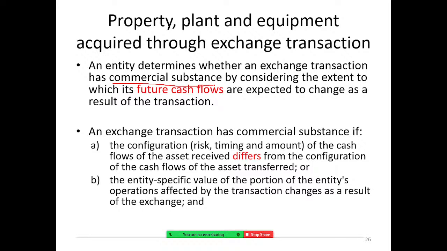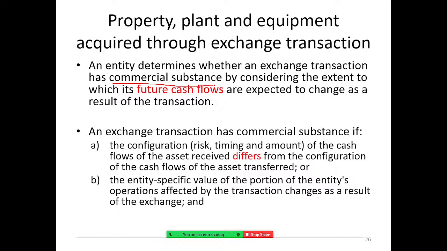The entity has taken a new asset A. Because of the new machine, the operating capacity of the entity has increased, so the entity has enjoyed an abnormal profit. So it has commercial substance.